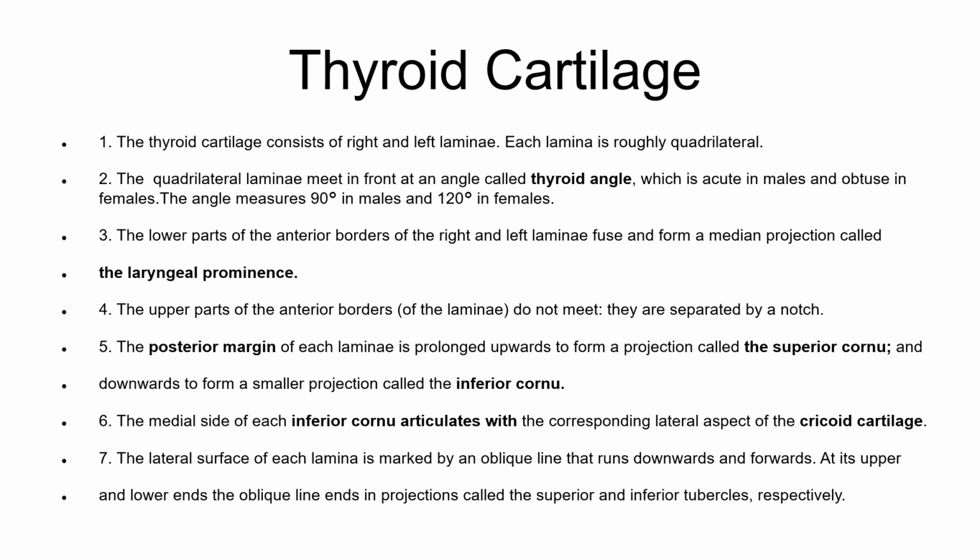They are roughly quadrilateral, and these laminae meet in front at an angle called the thyroid angle. This thyroid angle forms the prominence of the larynx, and this angle will be acute in males and obtuse in females. It is 90 degrees in males and 120 degrees in females.